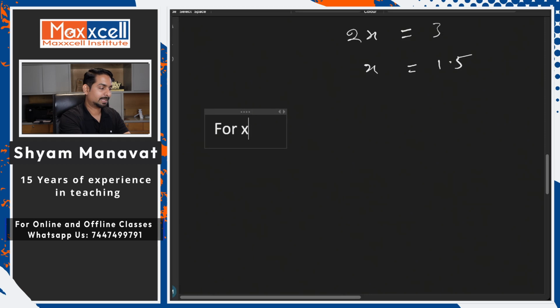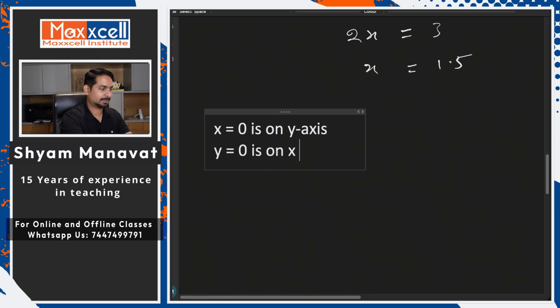For x equal to 0, or rather let me say x equal to 0 is on the y-axis, and y equal to 0 you will get on the x-axis. Tip, important one, note it.